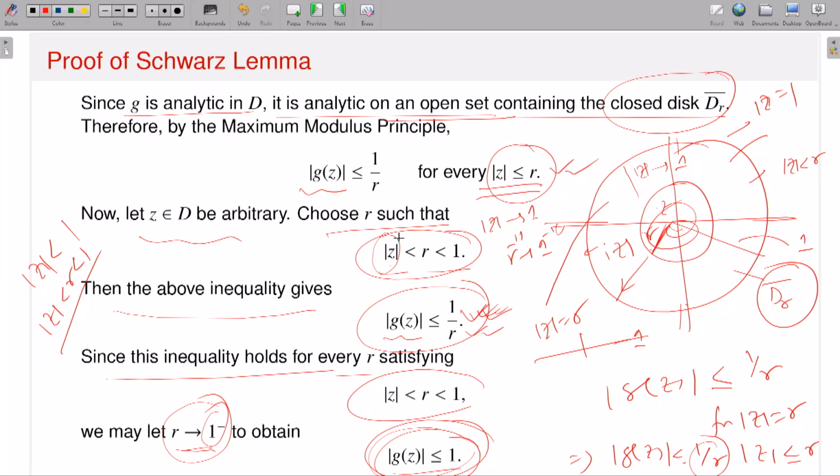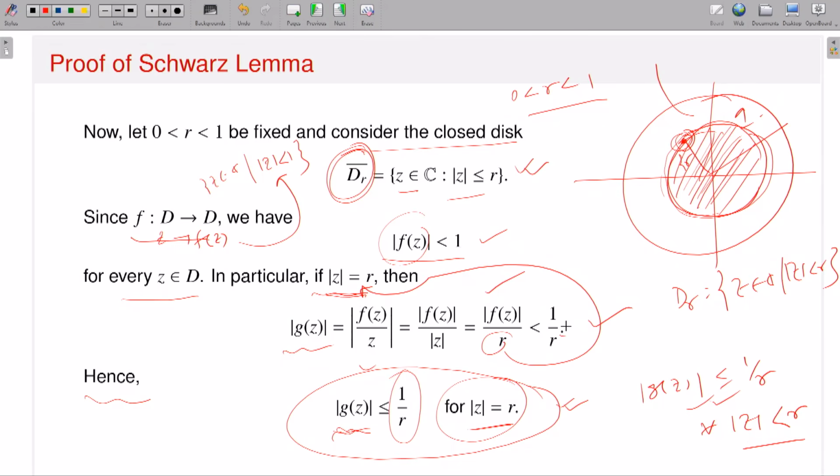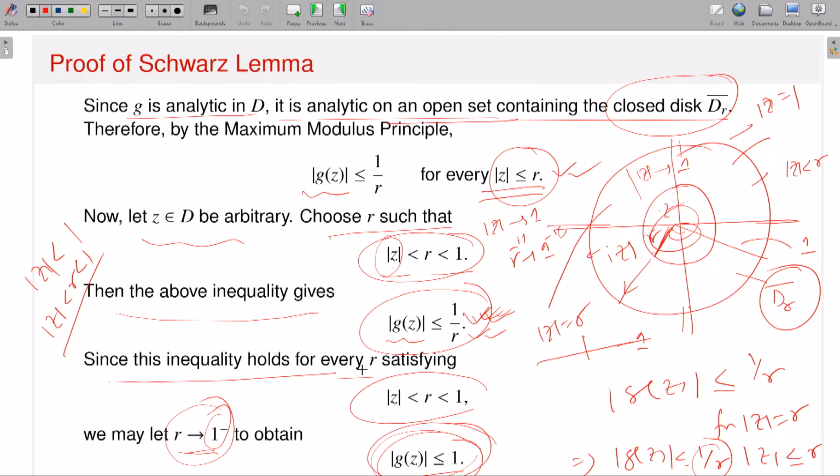So by the maximum modulus principle, the maximum of modulus of g is attained on the boundary, that means mod z equal to R. But on mod z equal to R, by the way I have defined my function g, it is always dominated by 1 by R. So if I take mod z less or equal to R, it will have this property, mod g of z is less or equal to 1 by R.